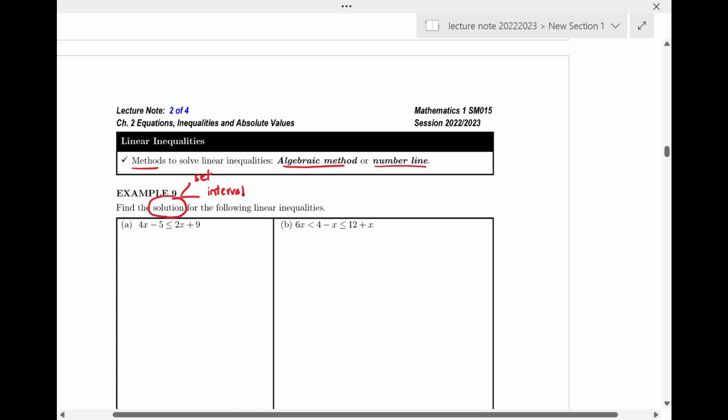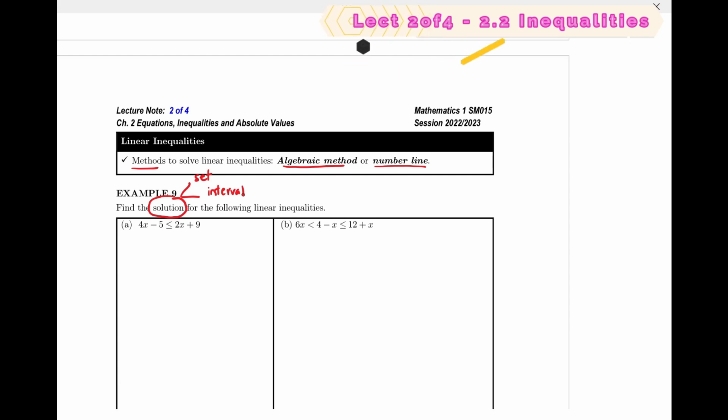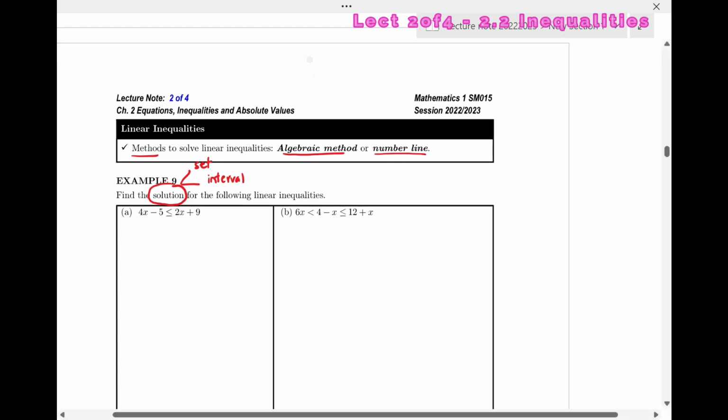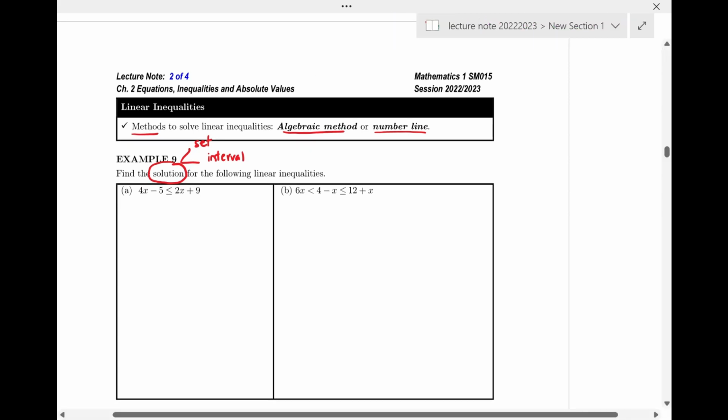I'll show you what these forms are, and it depends on the question. If they do not specifically ask for a solution set or interval set, it's up to you to leave the answer to your liking. For the first one, part A, this is of course an inequality because we have the inequality symbol, less than or equal to. This is very simple.